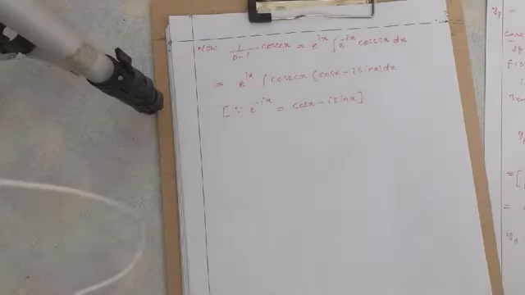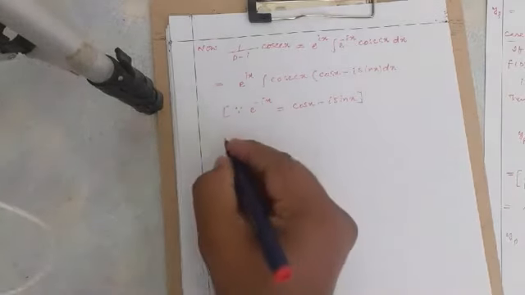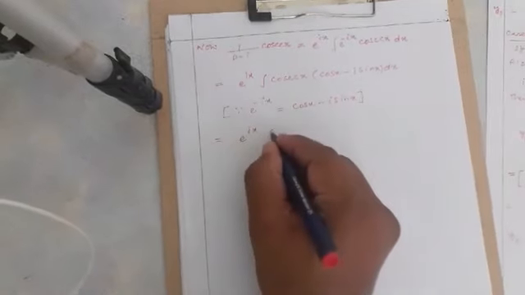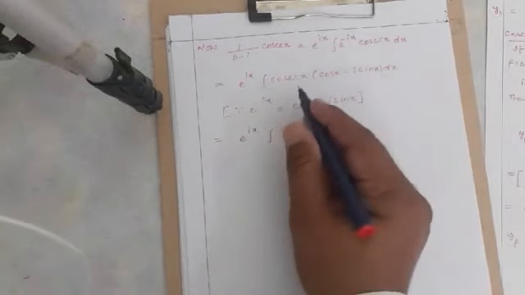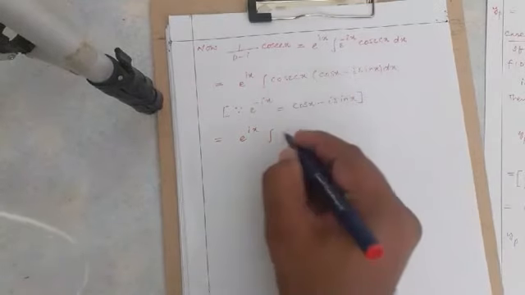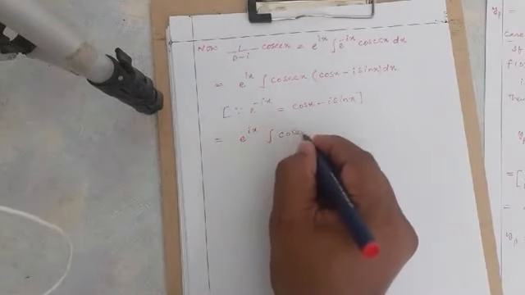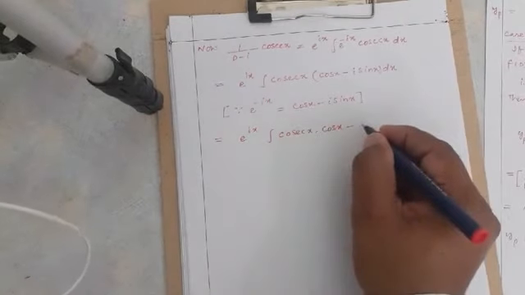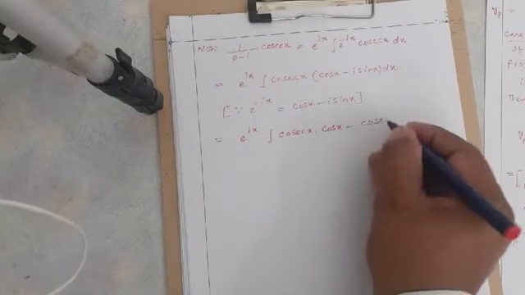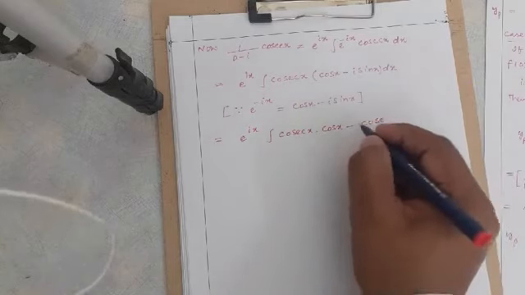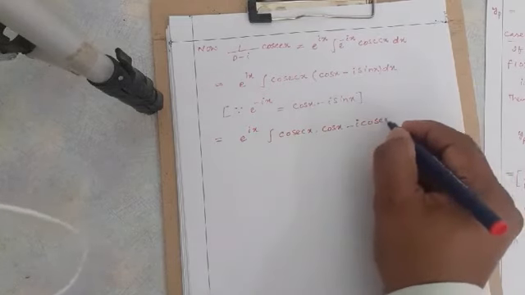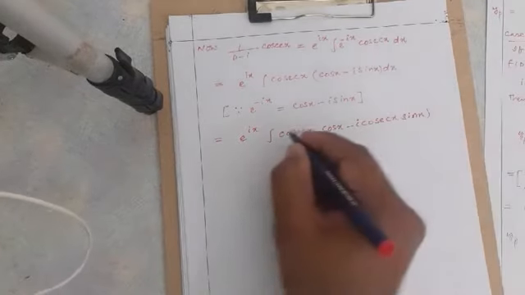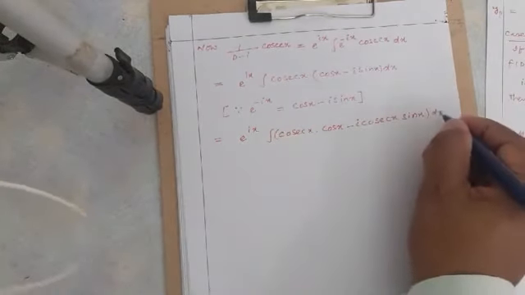After writing that, in the next step I can write this is equal to e power ix integral. Now I multiply this cosec x inside, that becomes cosec x into cos x minus i cosec x sin x, put in bracket dx.